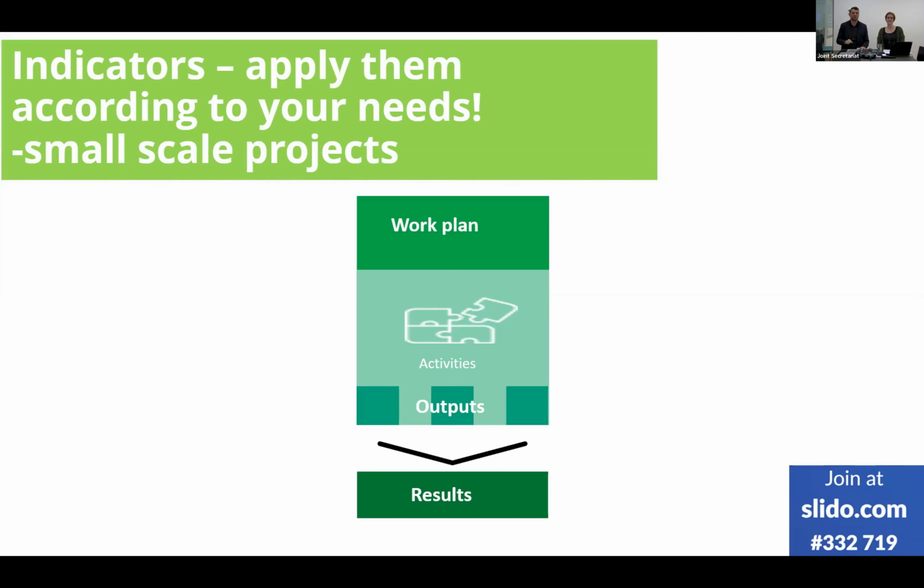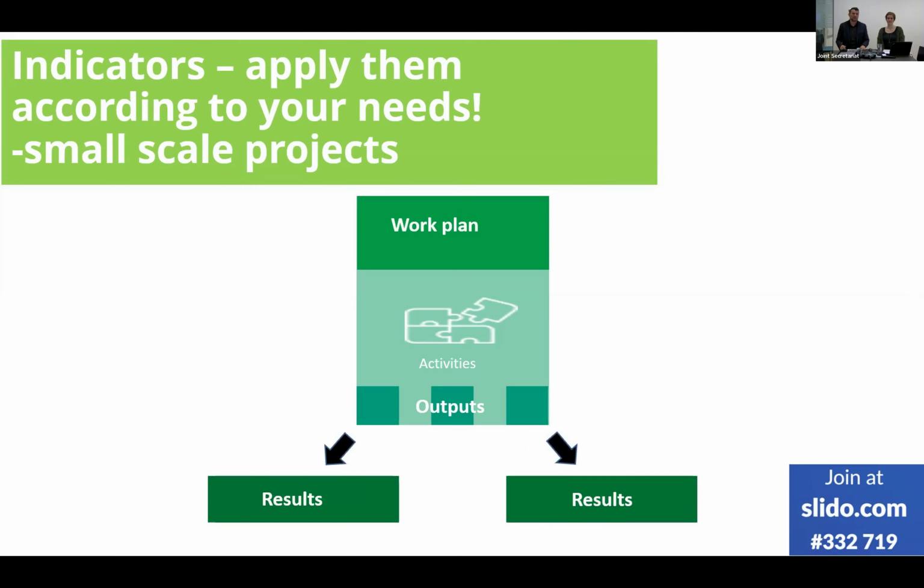You can still aim at two or more outputs with different output indicators contributing to different results. This is a specificity for the small-scale projects. Maybe I haven't covered all the possibilities, but these are just some examples to show you that you have plenty of opportunities in how you structure your application.